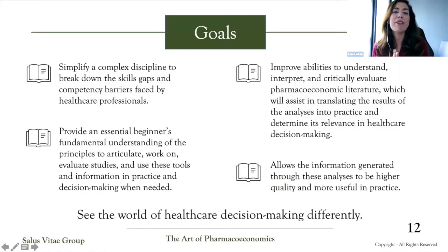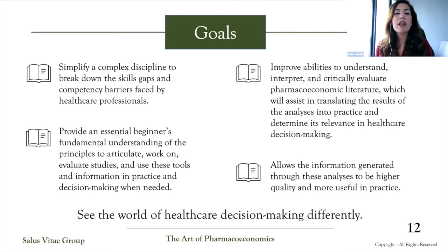Now, the goals behind the book, which is really why I wrote the book, the first is to simplify a complex discipline, to break down the skills gap and competency barriers faced by healthcare professionals. Many in the field know that there are resources out there on pharmacoeconomics that go into very technical parts of the methodology, because this area of focus has fellowships, masters, PhDs, those different types of programs.